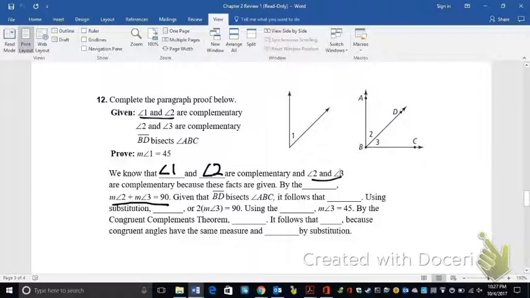So the next sentence then says, by the blank, the measure of angle 2 plus the measure of angle 3 equals 90. So again, if 2 and 3 are complementary, that means the sum of their measures is 90. Well, that is just the definition of complementary angles.